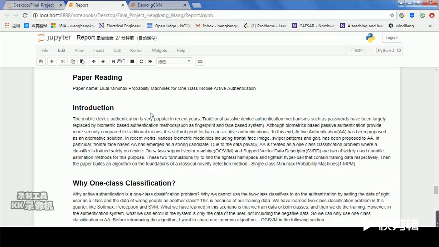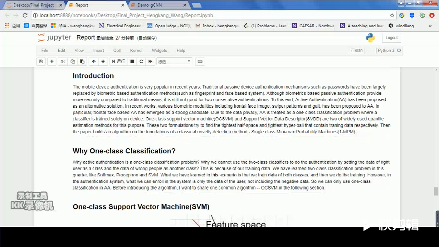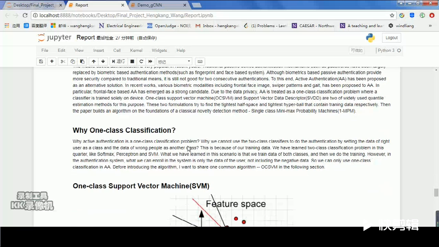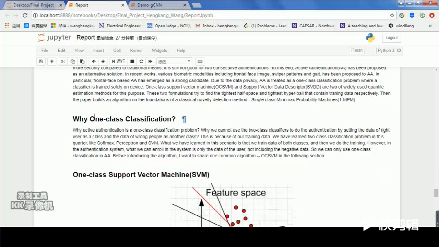For the introduction, as we know, there are many devices using biometrics to do active authentication, and then comes the one-class classification problem. I first introduced why we use one-class classification, and why we cannot use two-class classification.